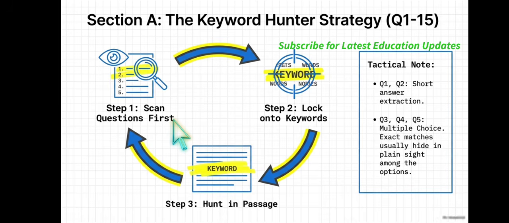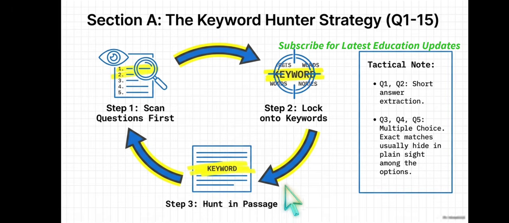First look at the question, and then step 2 is lock into keywords. Identify and underline the keywords that match the given questions. Then you will find a little bit of a clue immediately, and that will help you hit the nail exactly, locating the required piece of information.